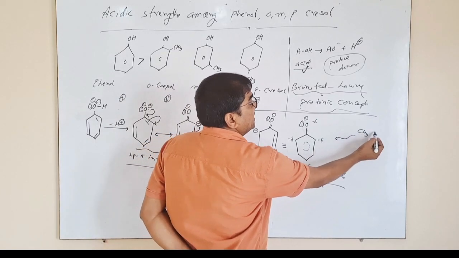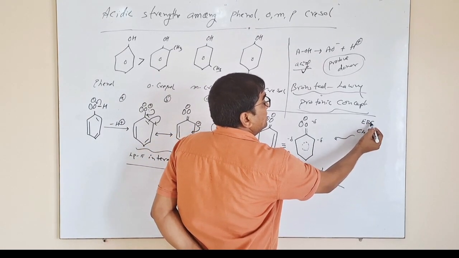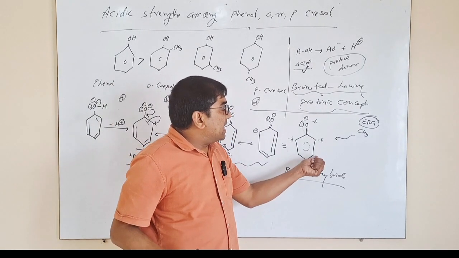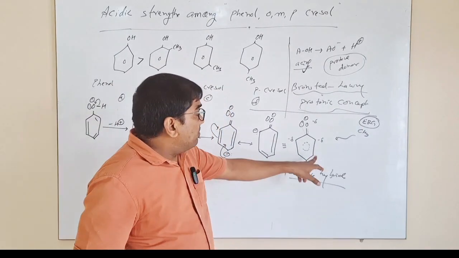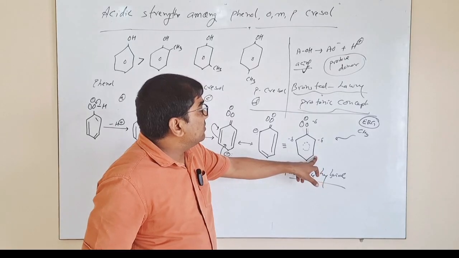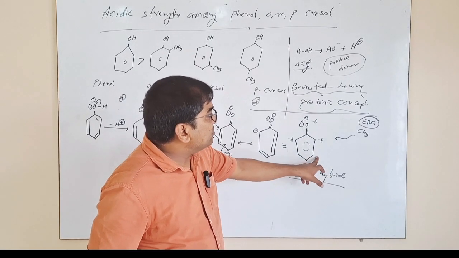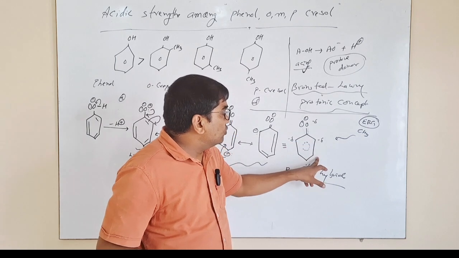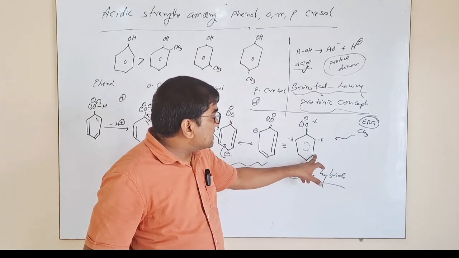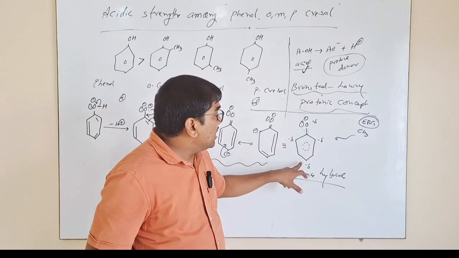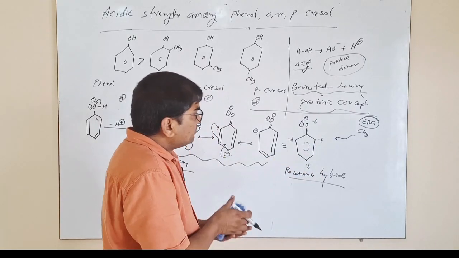methyl group, that is an electron releasing group, will accommodate favorably at the meta position. Meta position will be much better for attachment of the methyl group due to less electron density as compared to the ortho and para positions.